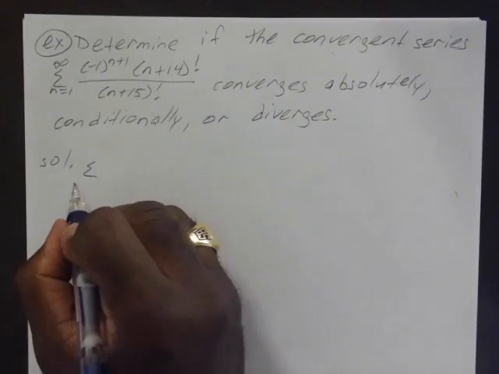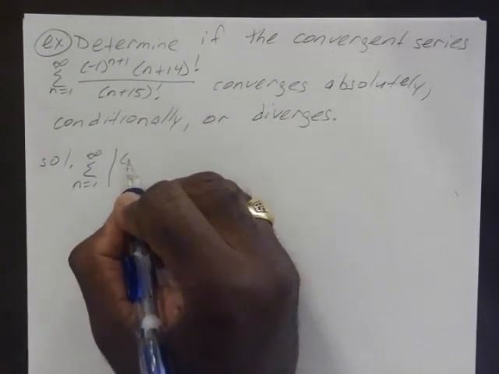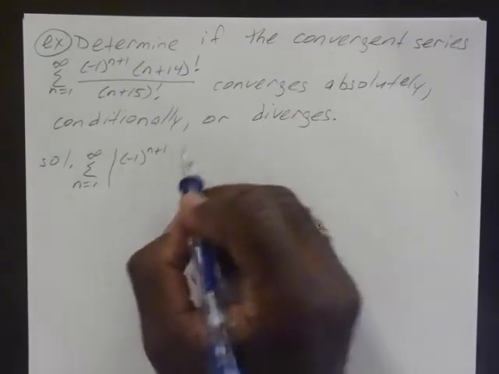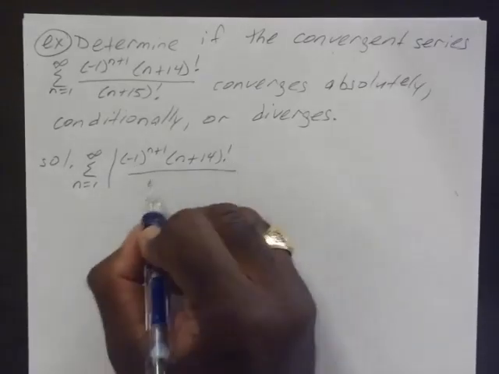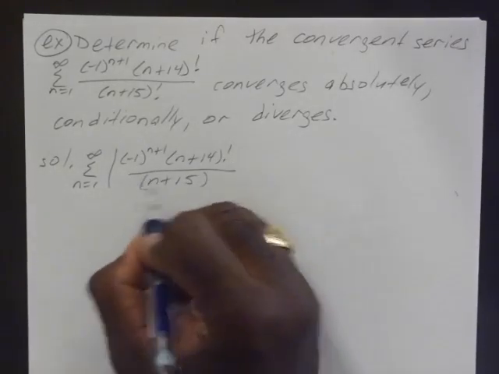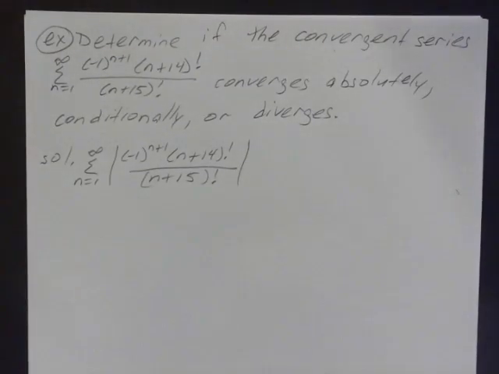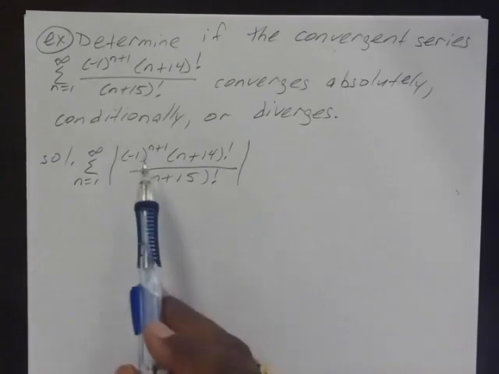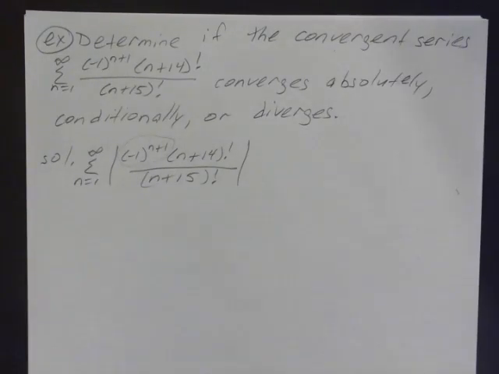Okay, so you have the sum from n equals 1 to infinity of the absolute value of -1 to the power of n plus 1 times n plus 14 factorial divided by n plus 15 factorial. And really, you don't have to write it out if you don't want to, because the absolute value, all that does is get rid of that -1 to the power of whatever.